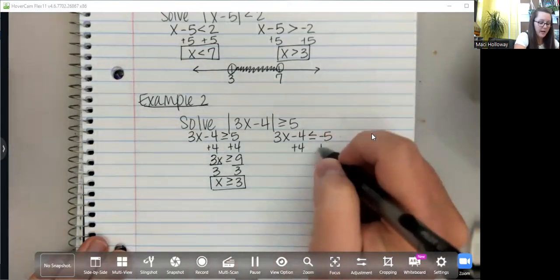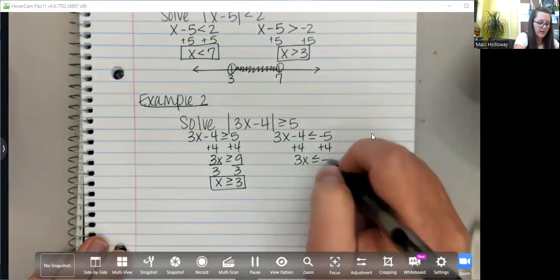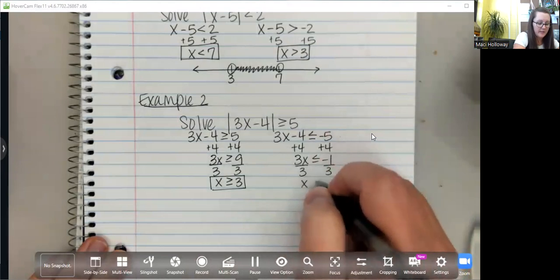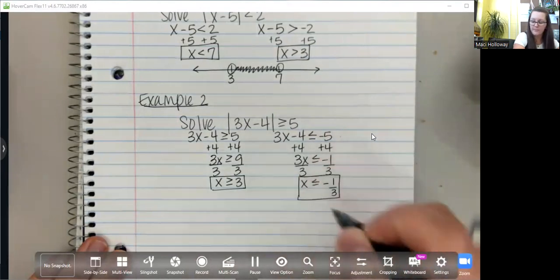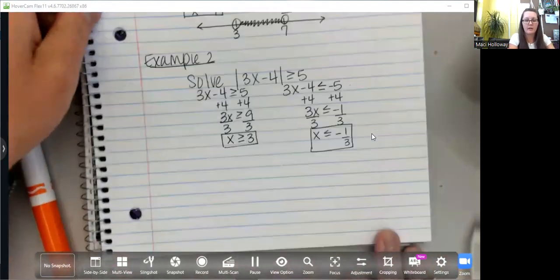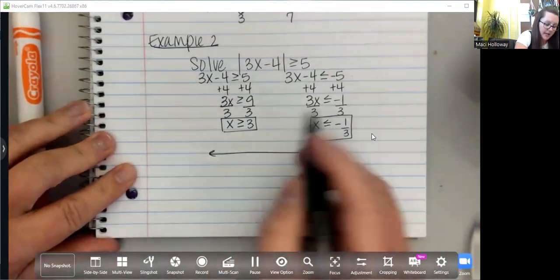Same thing over here, add 4, follow the same steps. 3x is less than or equal to negative 1. Divide by 3, and x is less than or equal to negative 1/3 would be my answer there. Okay, so what that looks like in our number line here when I graph it, I have a negative 1/3.